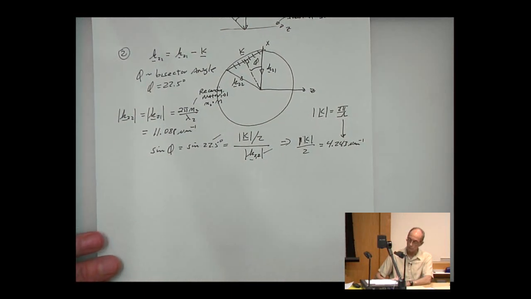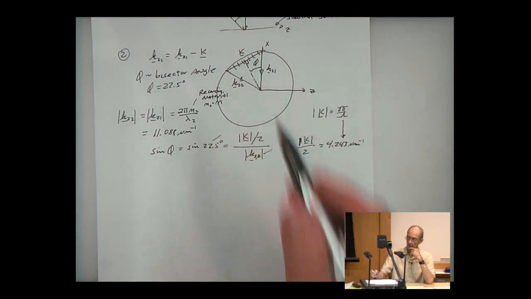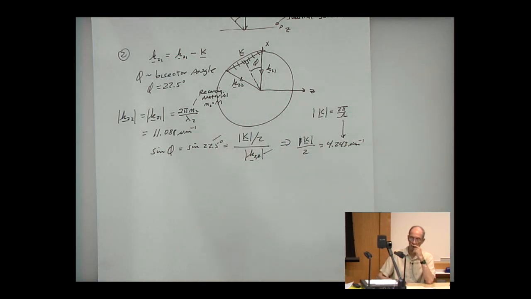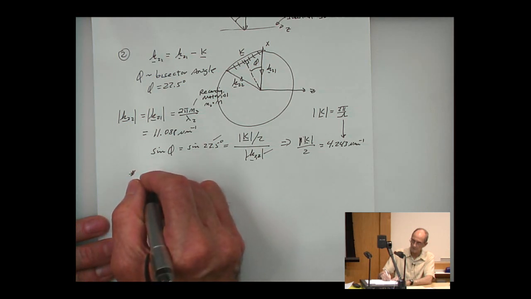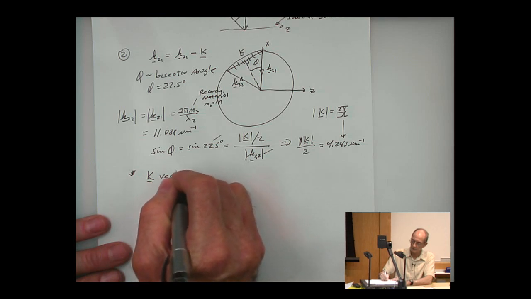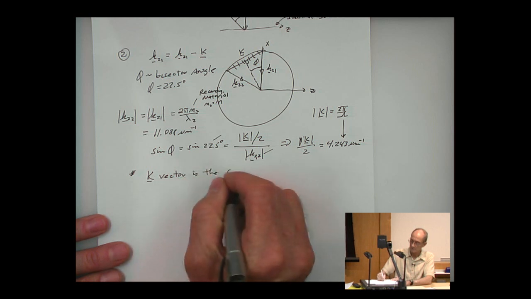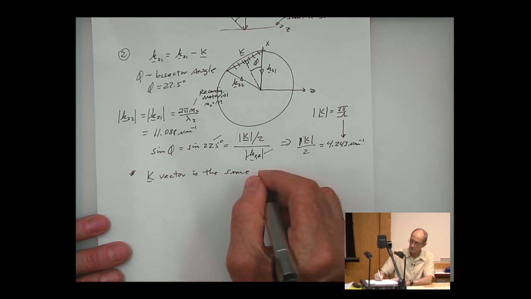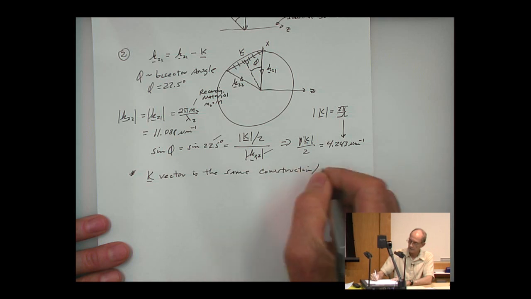Okay, so now we have the grating vector. We know its orientation, it's going to be perpendicular to this ray here, and we know its magnitude. Now, the main thing to realize is that the K vector is going to be the same during construction, or as a result of the construction, and the reconstruction.